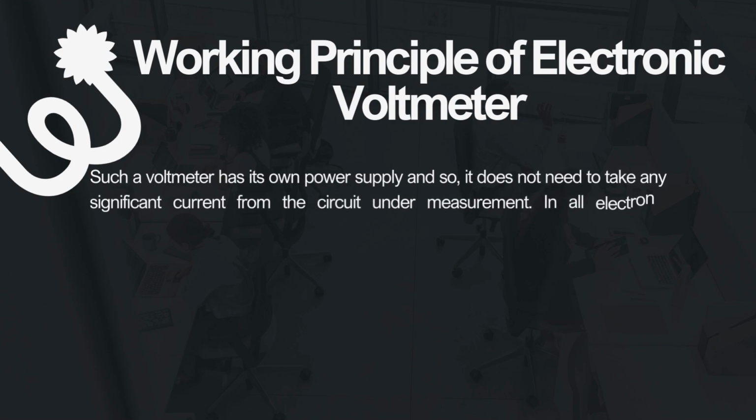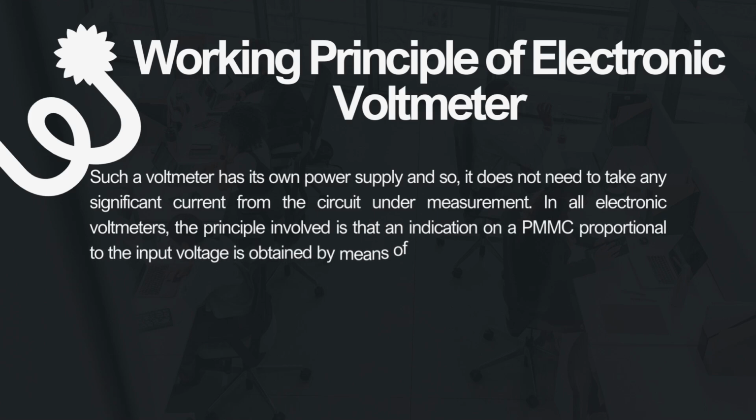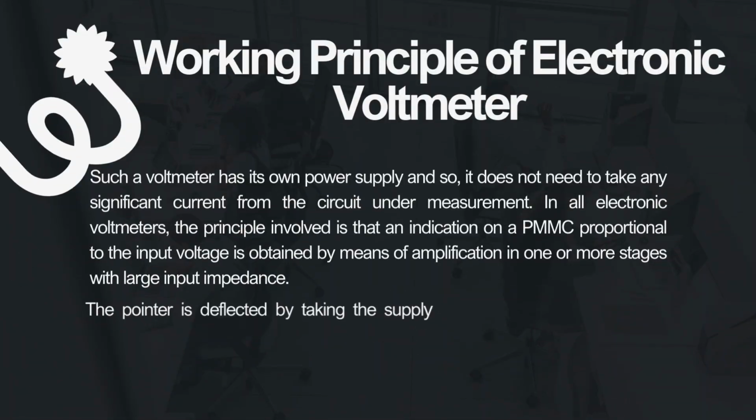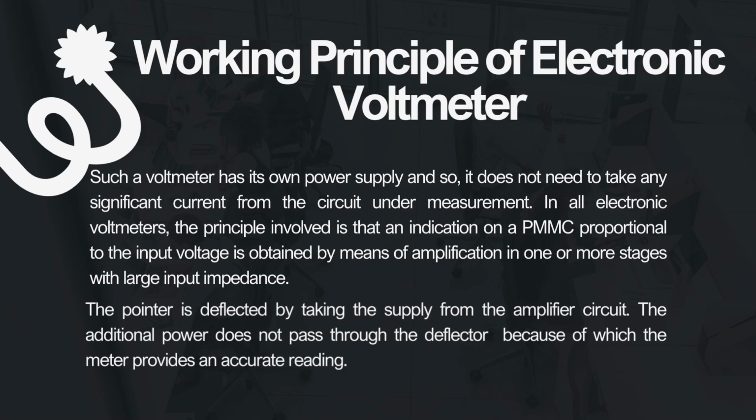In all electronic voltmeters, the principle involved is that an indication on a PMMC proportional to the input voltage is obtained by means of amplification in 1 or more stages with large input impedance. The pointer is deflected by taking the supply from the amplifier circuit. The additional power does not pass through the deflector, because of which the meter provides an accurate reading.